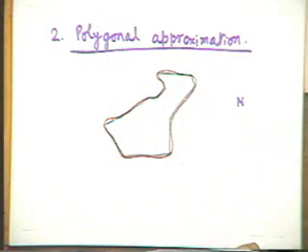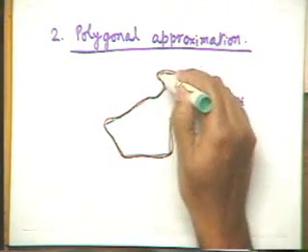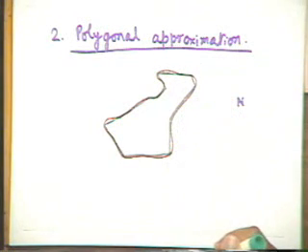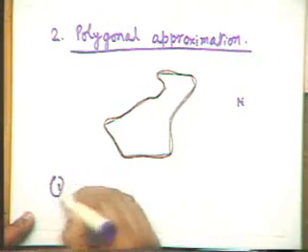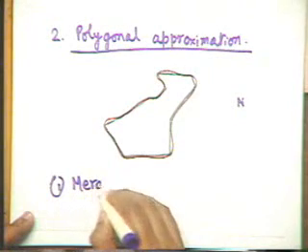But the question is, which method do we apply in order to get this kind of a polygon? Now for this, two different approaches are adopted. The first approach is what is called merging.